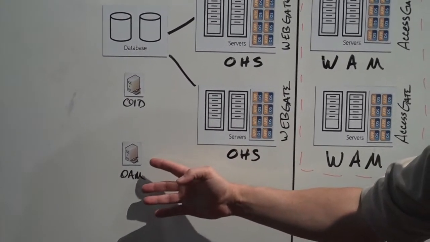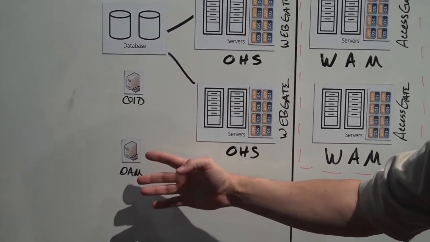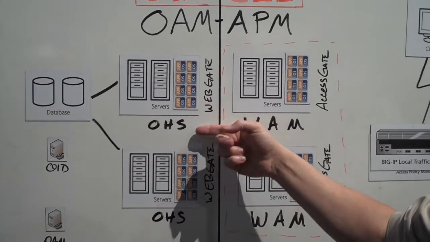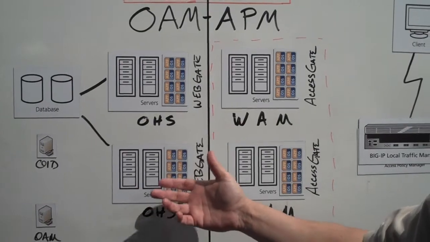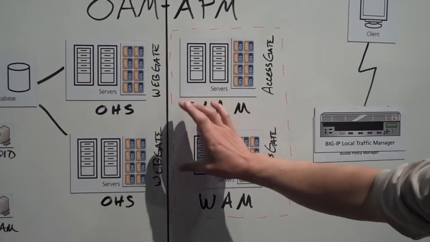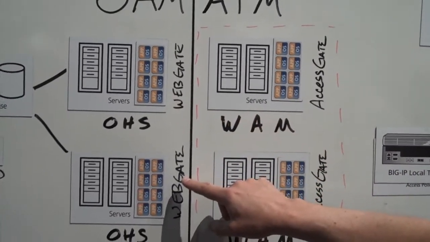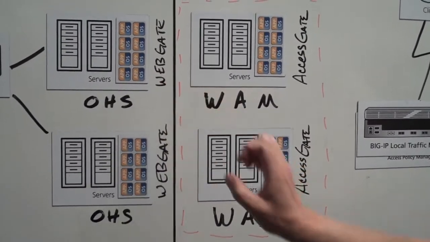This is the service from Oracle that sets the policy and grants or denies access to the web resources, which are living here on Oracle web servers. The way this happens today is that you load a piece of software on these Oracle servers called WebGate, and that's what controls access to these servers.